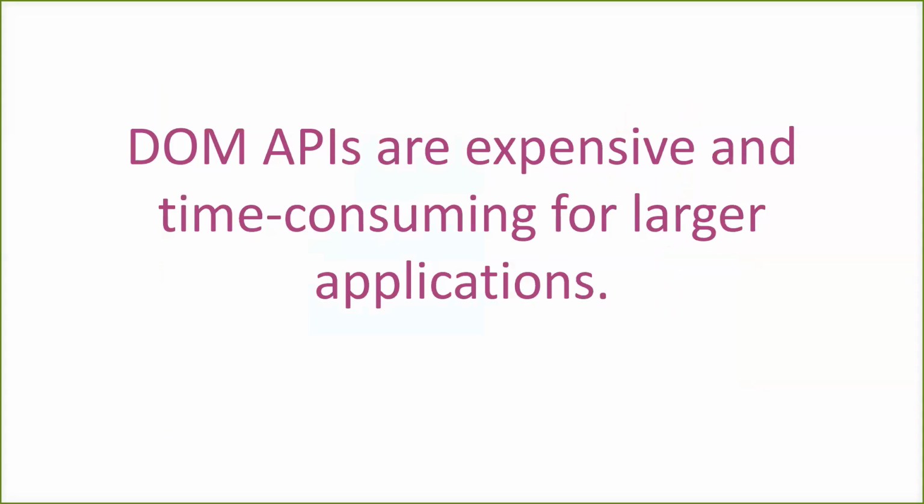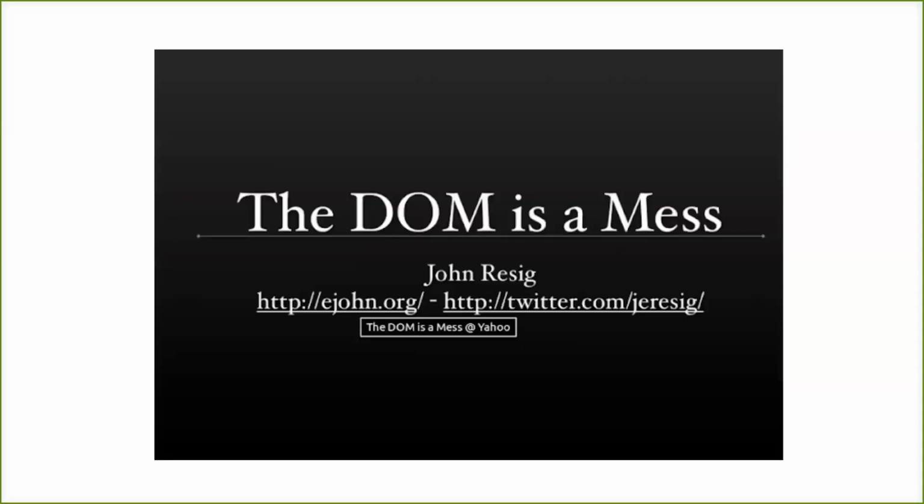It will be very time consuming, it will be expensive, and all of that sort. So the creator of jQuery himself says the DOM is a mess. Now, the DOM is a mess not because the DOM is not doing the task properly. It is the inability of the DOM to update things very quickly that is the problem, and not the DOM itself.